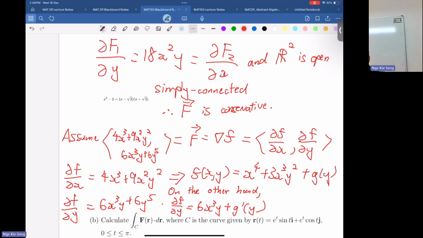So this implies f. I don't put the steps, you put the steps. Write it out yourself. In total, you should get x to the power 4 plus 3x cubed y squared plus y to the 6, the last one we calculated, and plus an extra constant.